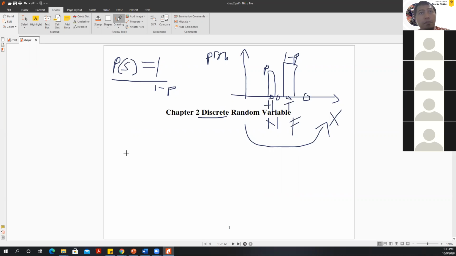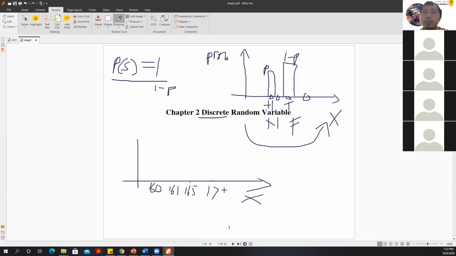Maybe a clearer example is like this. Let's say this is X also. Maybe the distribution of height of students in the Faculty of Engineering, let's say between 160, 161, 165, and then 170.